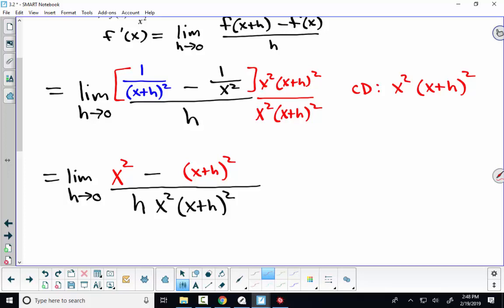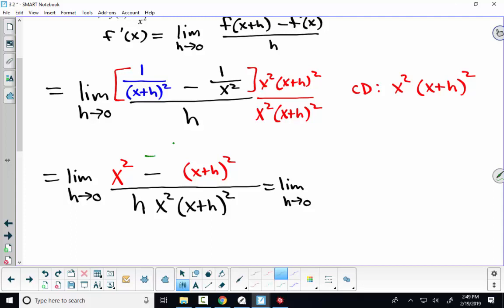Remember, the issue with the definition is that h is going to 0. We have to somehow get a factor of h in the numerator to cancel with that factor of h in the denominator. So we're not done. Although this has helped us a little bit, we still have to expand x plus h, multiply by negative 1, and then add x squared to all of that. Let's just do that here.